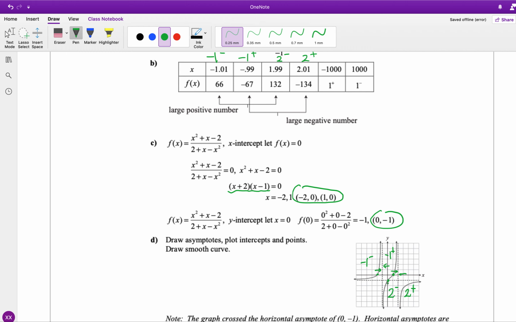This one, when you approach positive infinity, it is from the bottom of this horizontal asymptote. All right, so these table values, this is a very important value for us to pick. And then we pretty much just draw these curves, and we're perfectly fine.